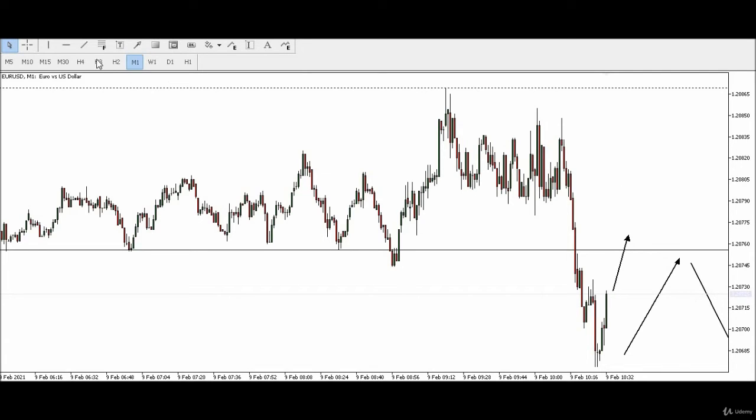And if the candlestick goes here and we see a clear rejection, for example like this, there can be multiple candles like this.